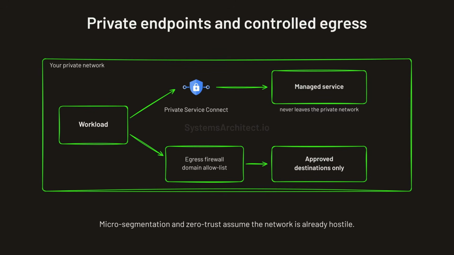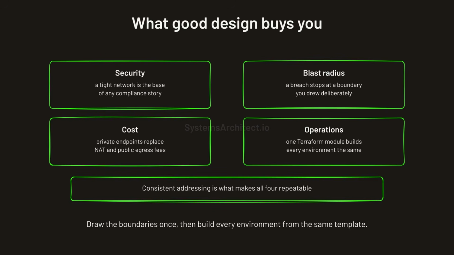Microsegmentation pushes the same idea down to individual workloads. Zero trust networking assumes the network is already hostile. The old bastion host is giving way to identity brokered access, such as AWS Systems Manager Session Manager. Security improves most, since a tight network is a hard prerequisite for any real compliance story.